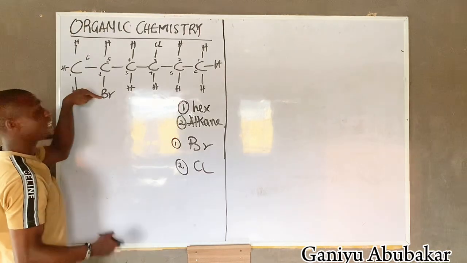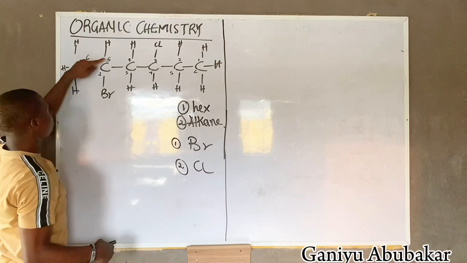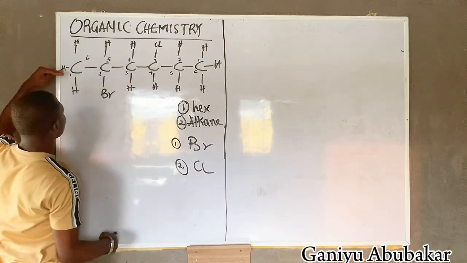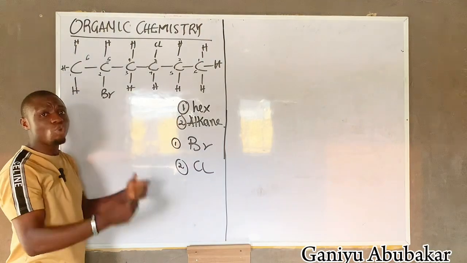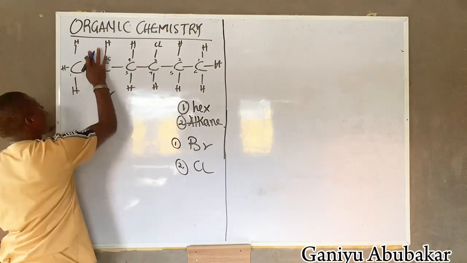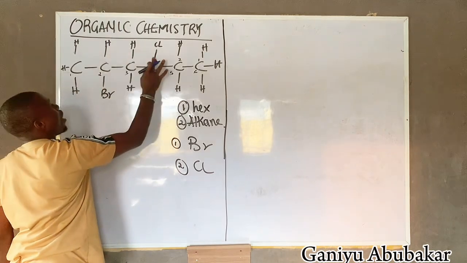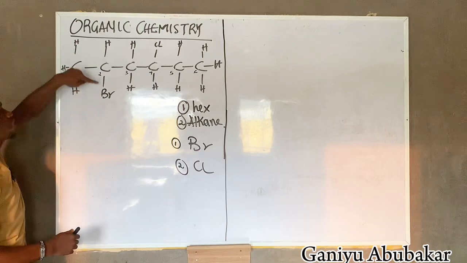Similarly, bromine is attached to carbon 5 using lower numbering. Between upper and lower numbering, which one has the lowest possible number? Of course, my upper numbering. So I'll discard the lower numbering and go with the upper numbering. So bromine is attached to carbon 2.